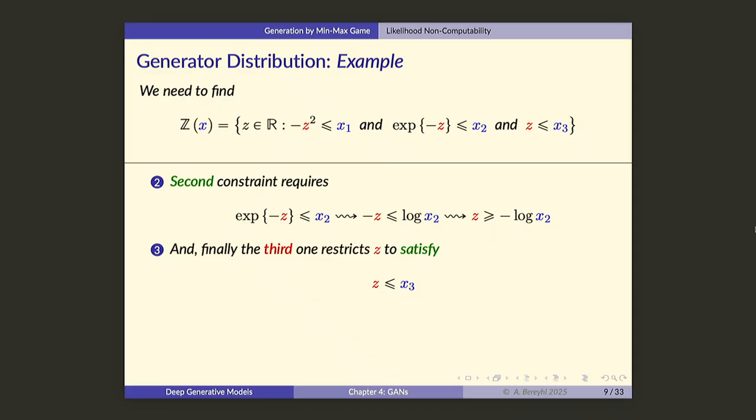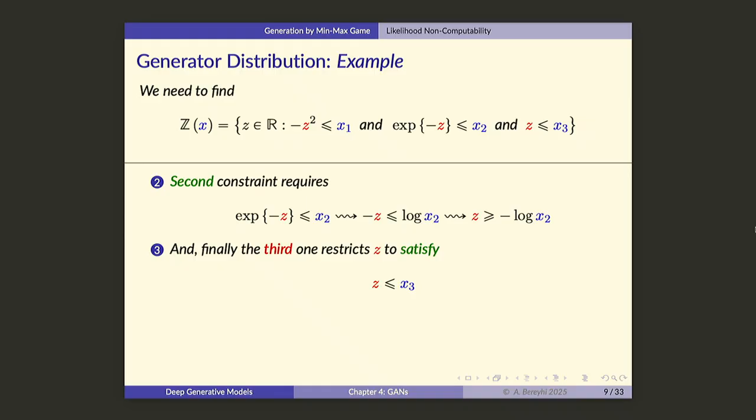So if you assume, for instance, x3 is here, then z should be smaller than that, right? And then again, the overall valid set is going to be this part and this part, right? Everybody's cool?